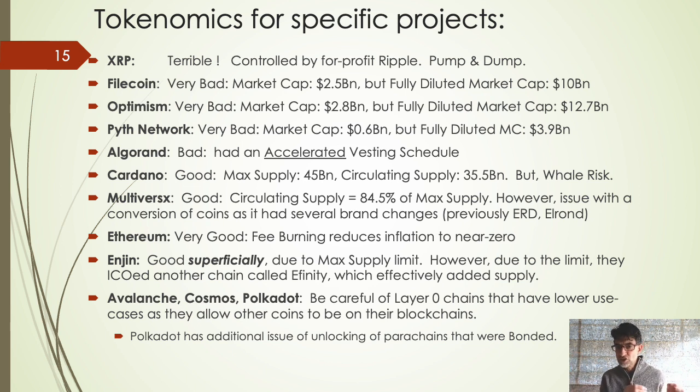Then you divide that by 2.5, you get about 300%, and then you can divide that by 10, assuming, and this is why you need to look at the details, that this dilution is going to happen within 10 years. So you take 10 billion divided by 2.5, you get 300% inflation, then you divide that by 10, and you get 30% annualized inflation.